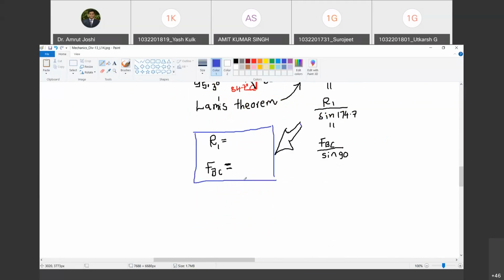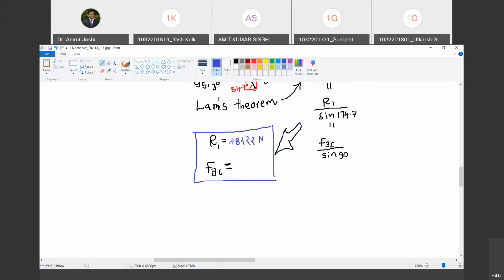How much? Just a second. 18.122 is R1. 18.122 Newton.